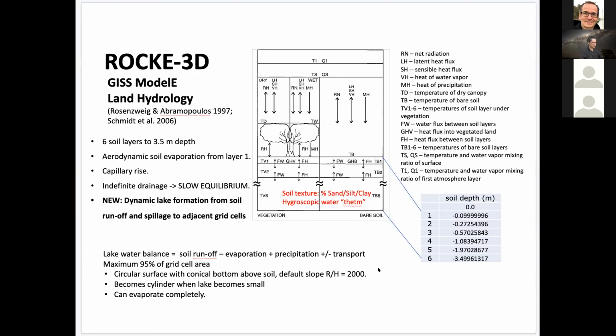It will be changing, and I assume the lakes to have conical shape, so the fraction changes depending on the amount of water in the lakes. And if you don't define the shape, then by default the slope of the lakes will be 2000. It's the ratio between height of the lake and its radius.